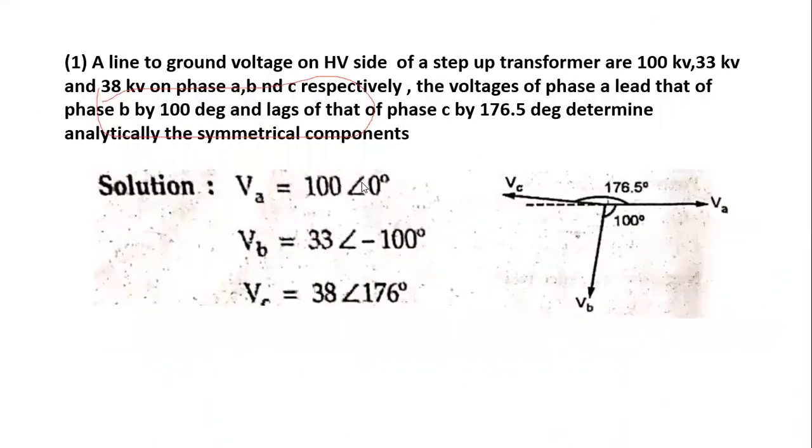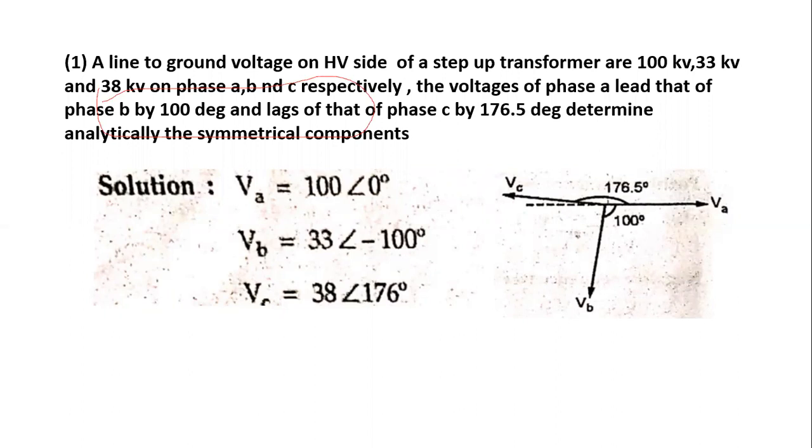Why do we use symmetrical components? If the system is in an unbalanced condition, and faults occur, then by using symmetrical component analysis we can easily calculate the voltages and fault currents at each and every phase.